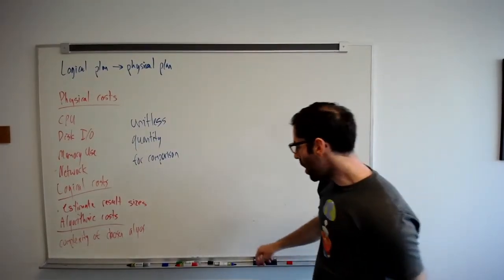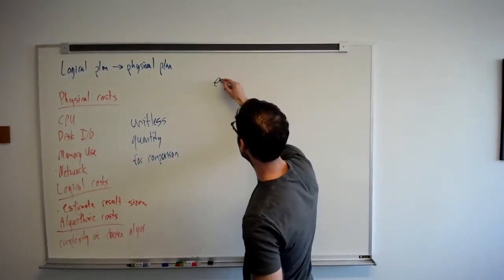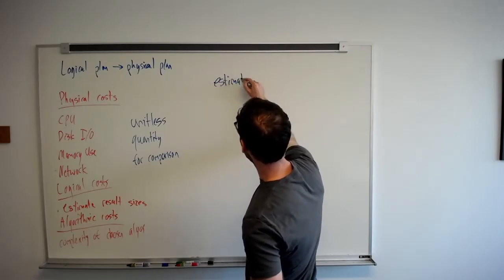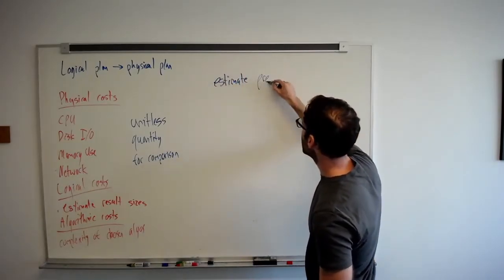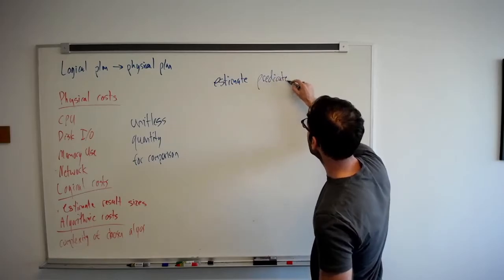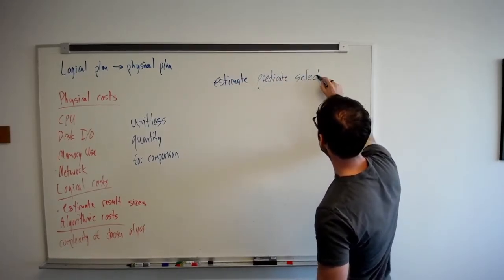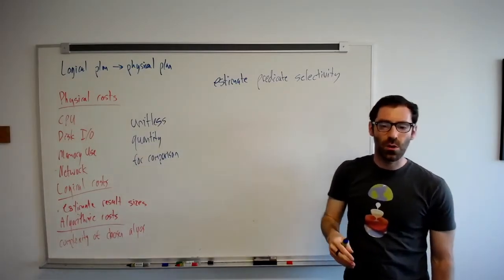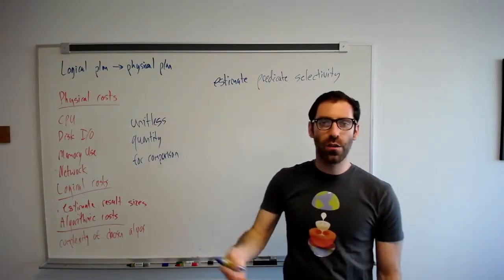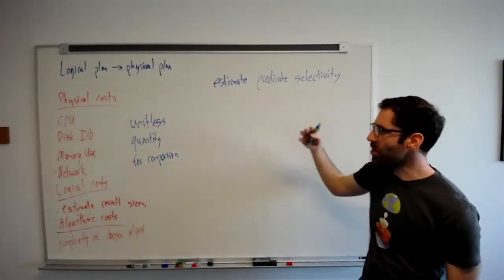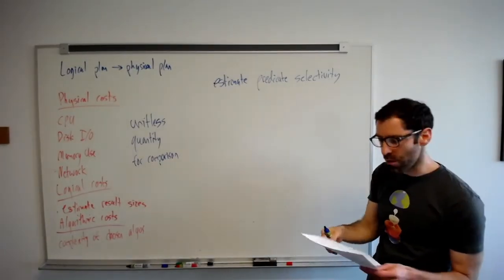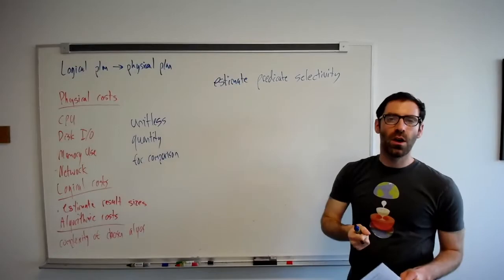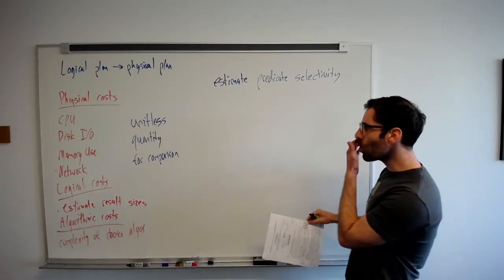And so we're going to want to estimate the predicate selectivity. So what fraction of the tuples will this predicate be true for? So how will it affect the data further up our query plan?